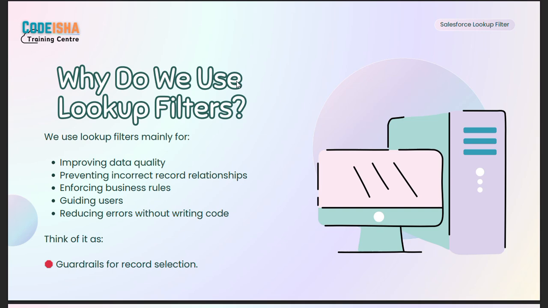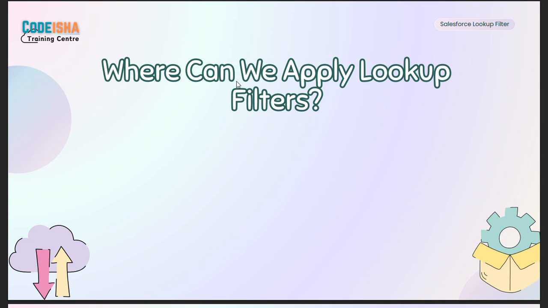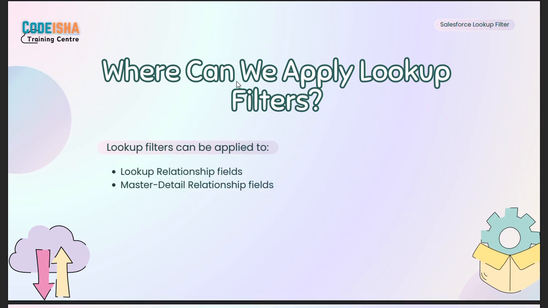Let's see where we can implement these lookup filters in our Salesforce org. A lookup filter can be applied to lookup relationship fields, and we can also implement it on master-detail relationship fields.